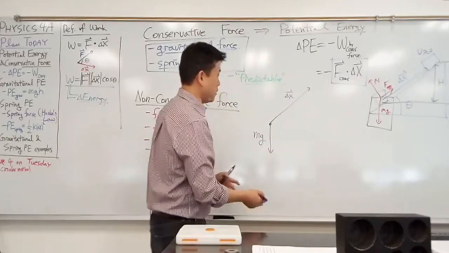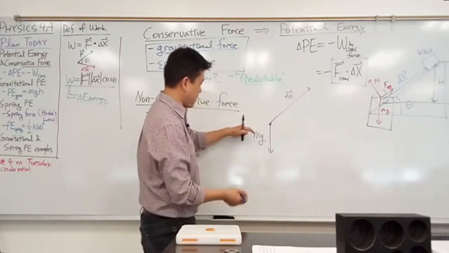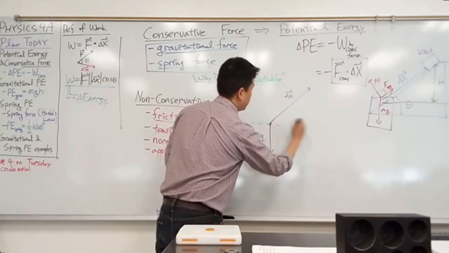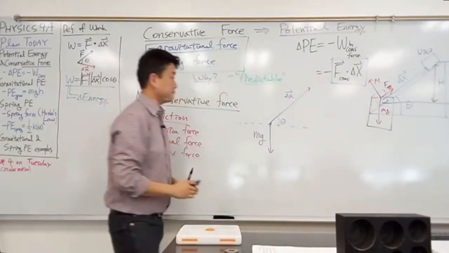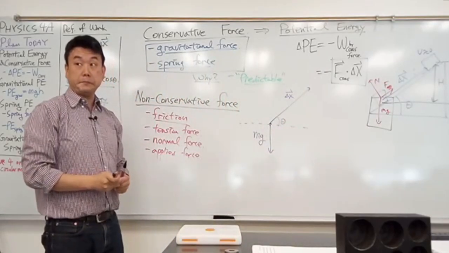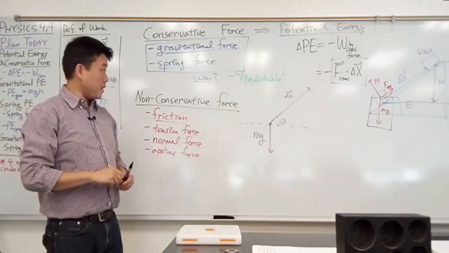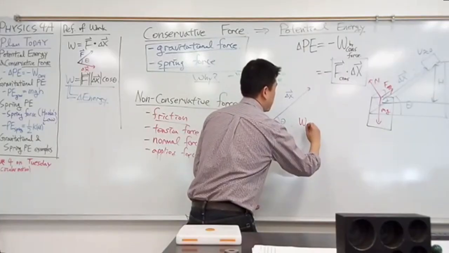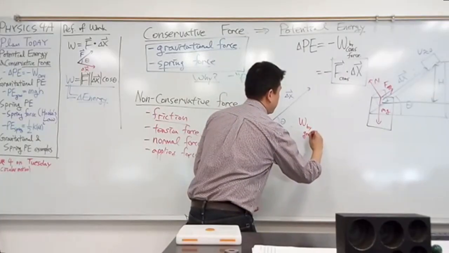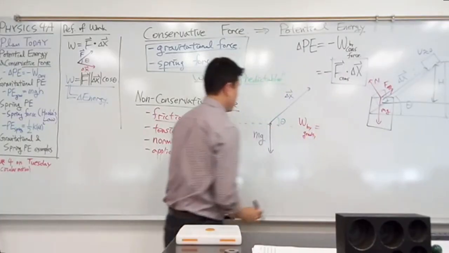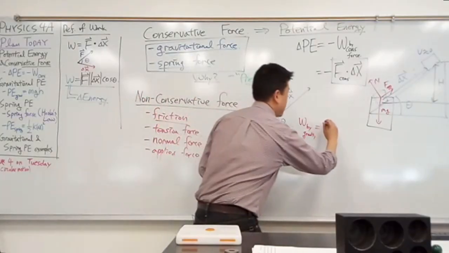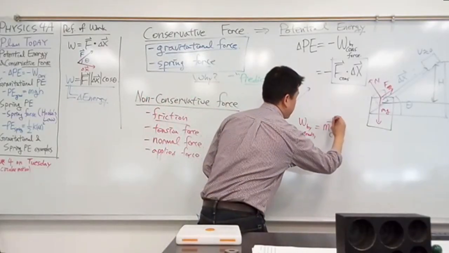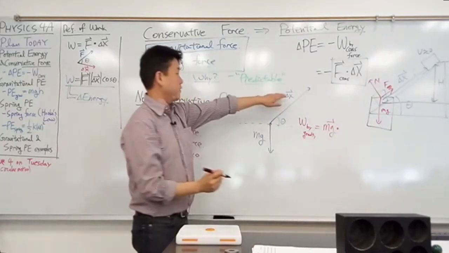To label that angle theta, I need a horizontal here, and this would be theta. And so this is what the definition tells you: the work done by gravity is equal to the force mg as a vector, dot product with the displacement.